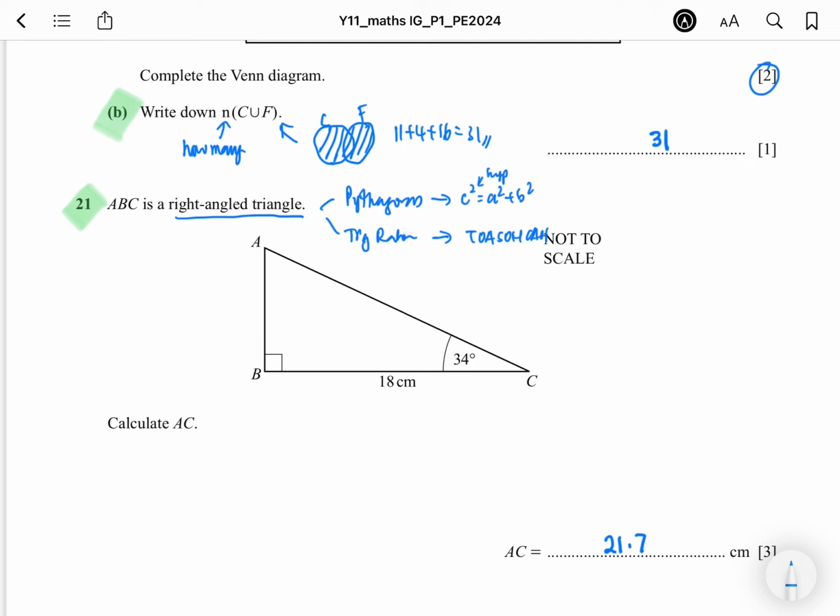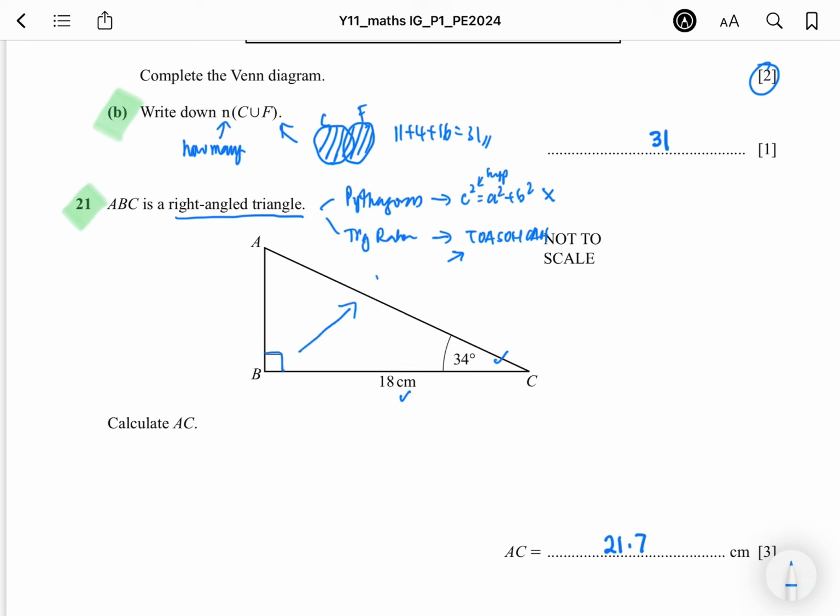Calculate AC. So here we are given side and angle, so definitely we will not be using Pythagoras because Pythagoras has no angle and you're only given one side. That means you should be using your trigonometric ratio. So before we decide which ratio, we should be labeling. So that's 90 degrees.